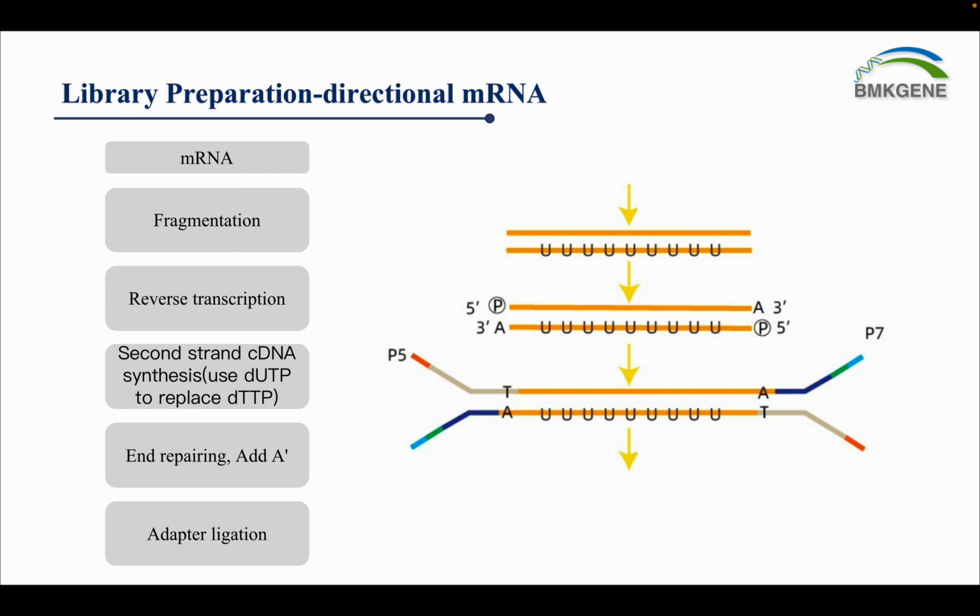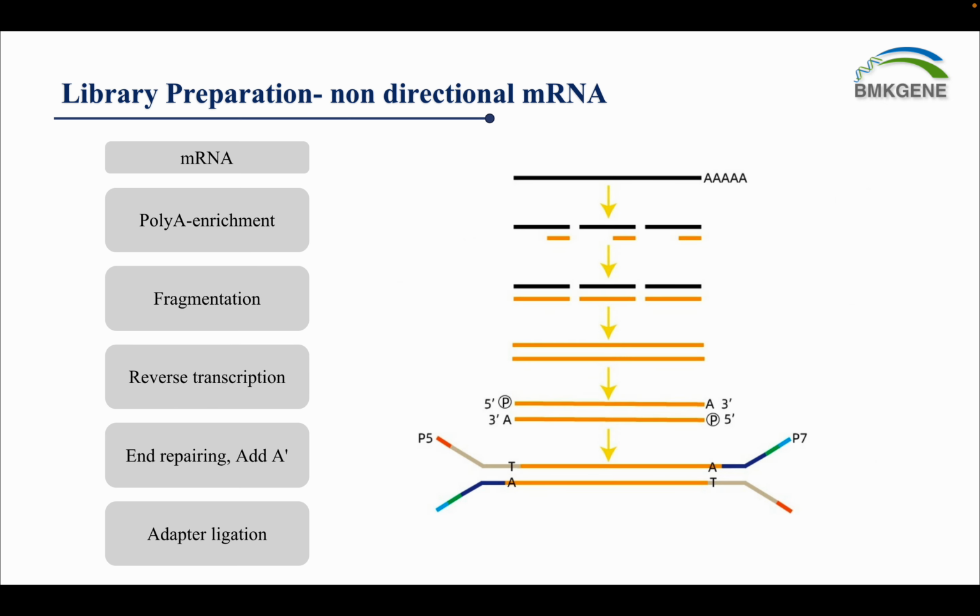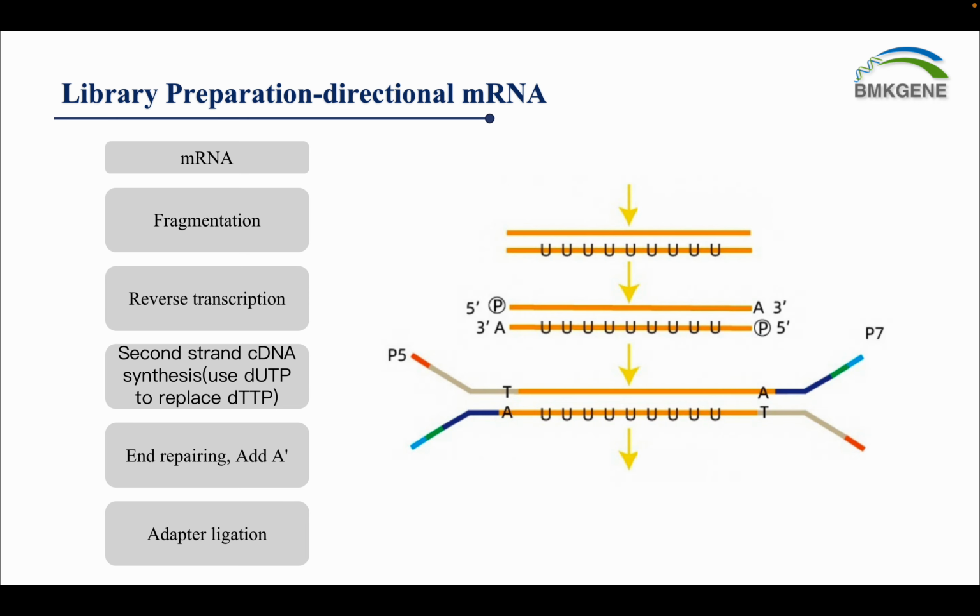And for the majority of eukaryotes, we believe that the sample size required by non-directional library preparation is lower and sufficient to obtain complete genetic information. However, if you would like a higher demand for quantitative information of samples or want to clearly analyze the transcript information of the antisense strand, we suggest the directional mRNA.